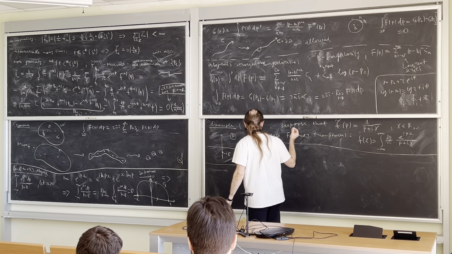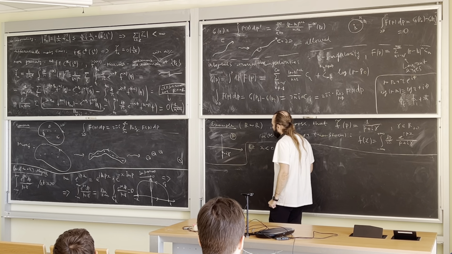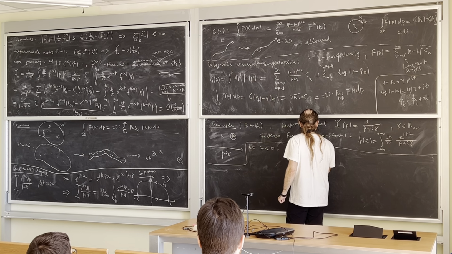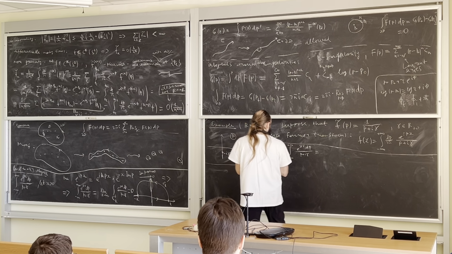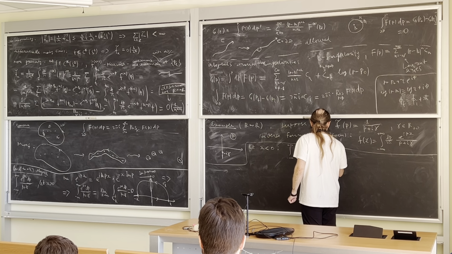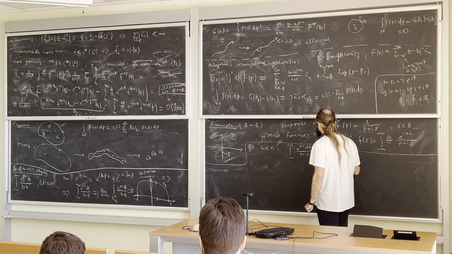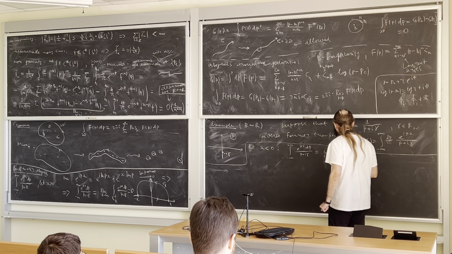The integral from minus infinity to plus infinity of e to the i p x dp over p plus i gamma equals a limit for R to infinity of the integral over C minus R of the same function.